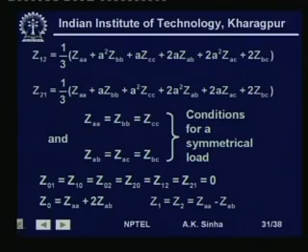There are going to be mutual terms between them. Since most of the network elements are designed to be symmetrical, therefore, we are going to get 3 uncoupled networks.